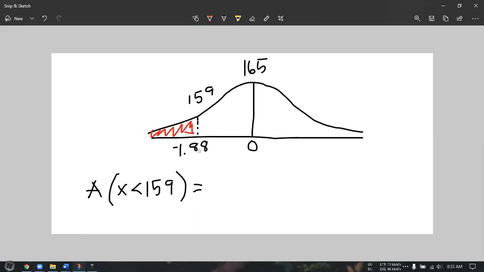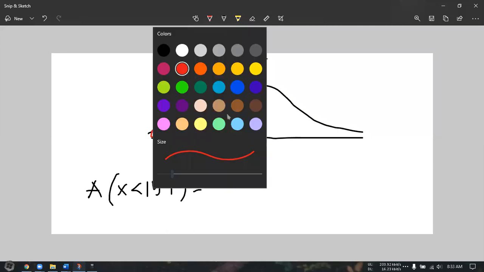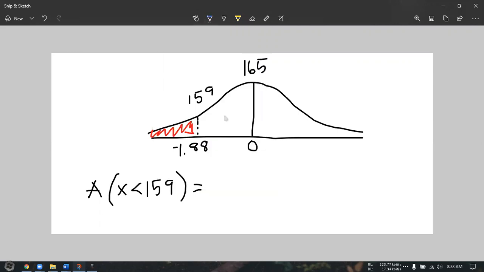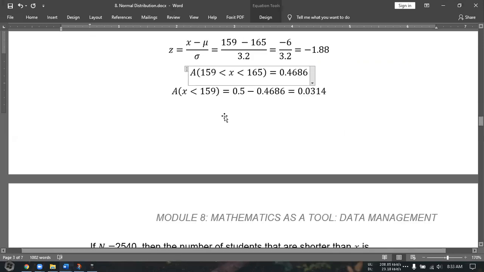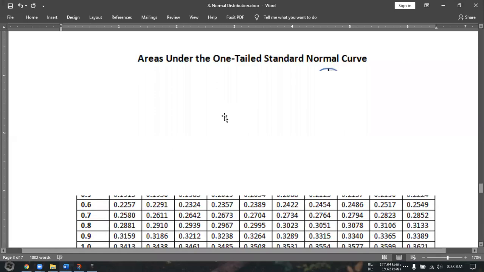Using this z-score, you are able to find the area from 159. I think this would give us a wrong area since our z-score changed. So 1.88.